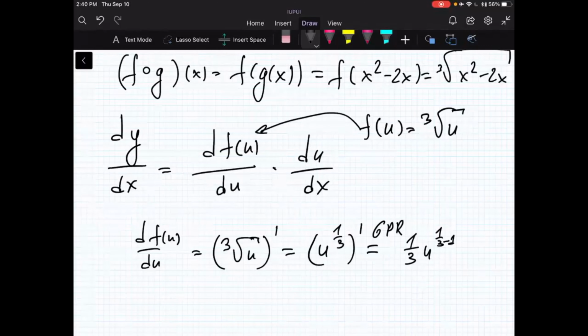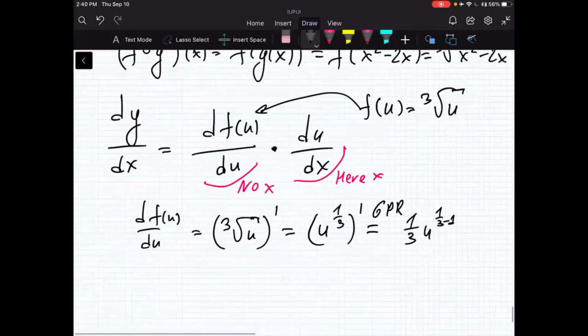X appears in the next factor, while here, no x. Okay, so I obtain this, or I can write it the following way: 1/3 u to the power minus 2/3.